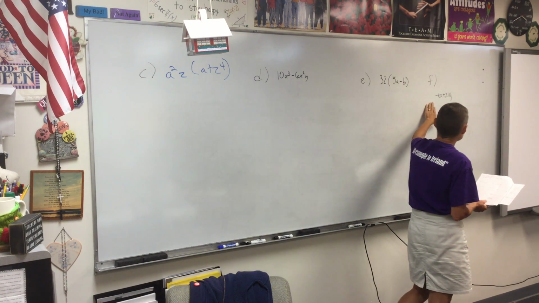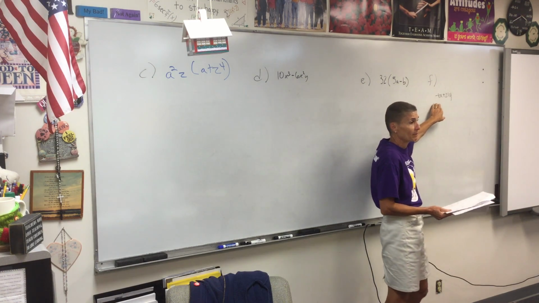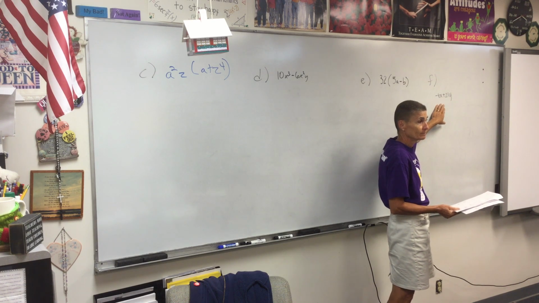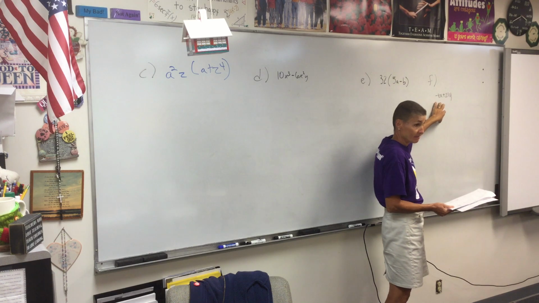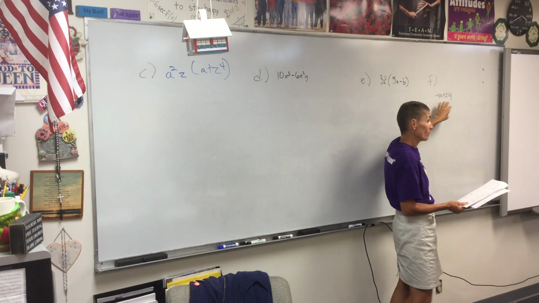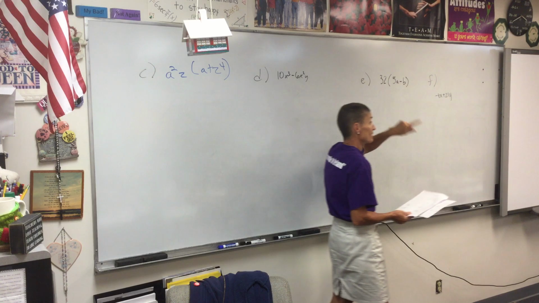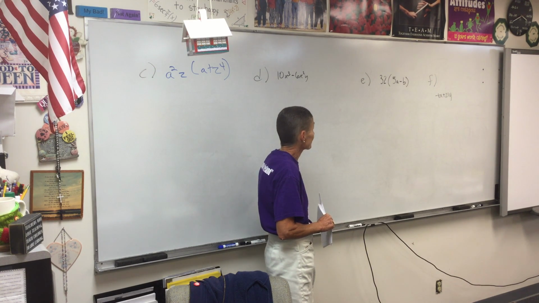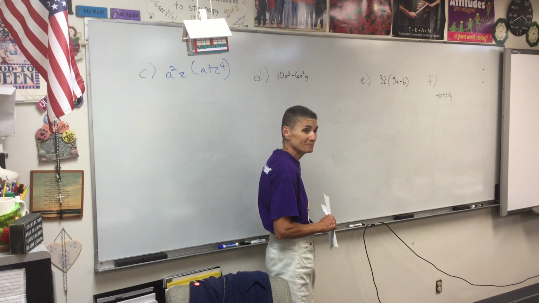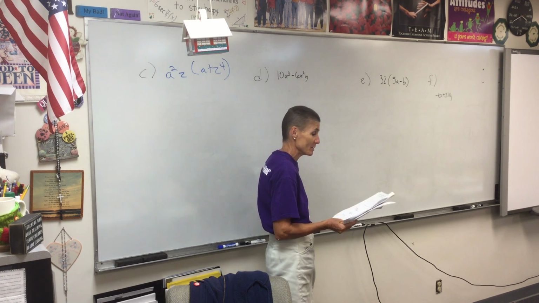And then here we distributed. What's going to happen on this problem if we're not careful? We'll mess this up. Whoever did this did not. This is perfect. But remember, when you distribute, you take the negative times the negative. That's going to give you a positive 21. Beautiful. We good? No issues?